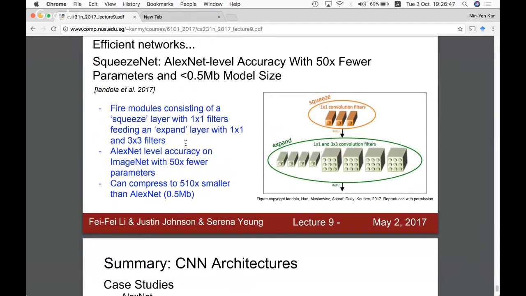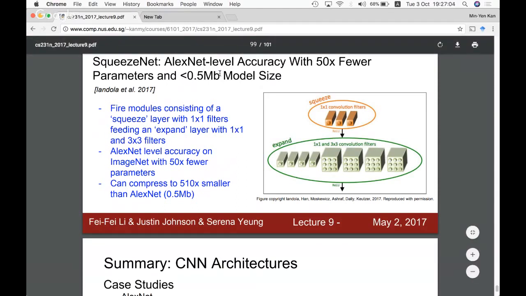So the last paper that they're talking about here is SqueezeNet, which is basically moving towards more efficient networks. What they're trying to say here is you can get AlexNet level accuracy with 50 times fewer parameters and less than a 0.5 MB model size.